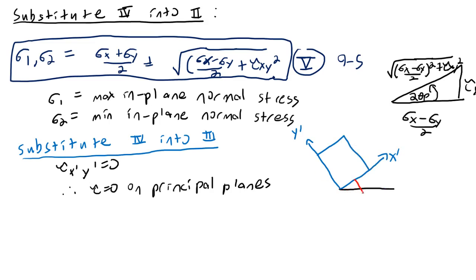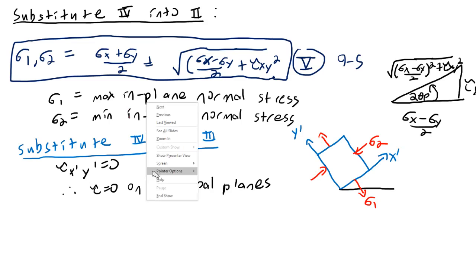So you'd have sigma 1, perhaps like this, and sigma 2, perhaps like this. Okay, so that's how you find your maximum in-plane normal stress. But what if you want the maximum shear stress? So let's find that.